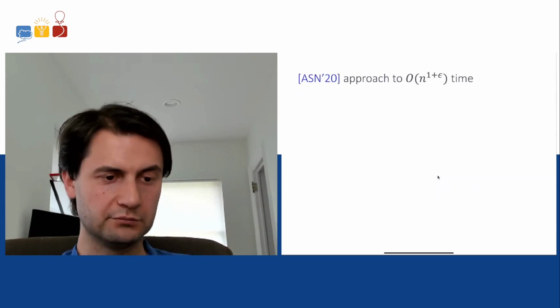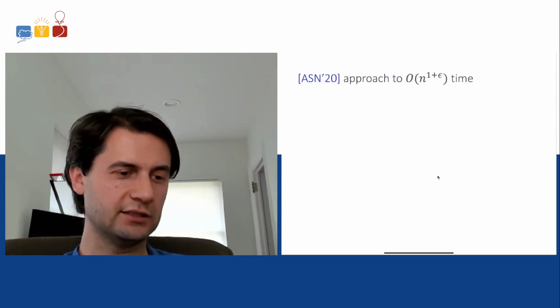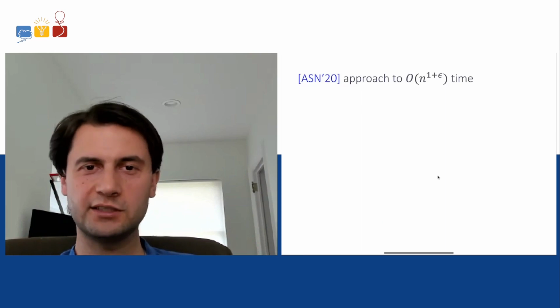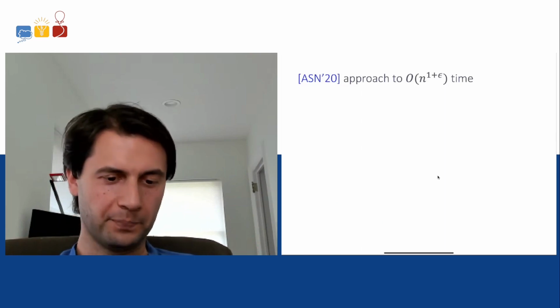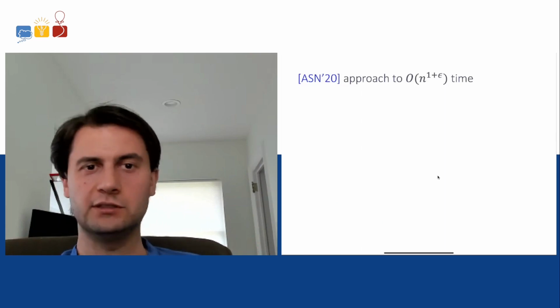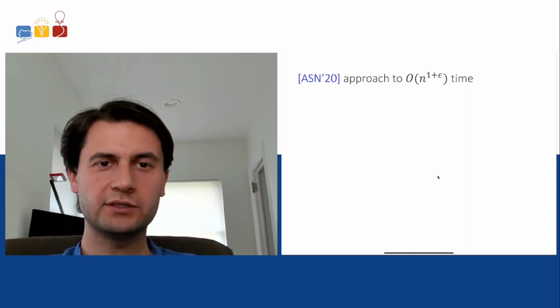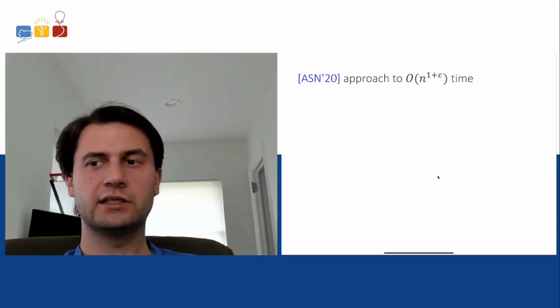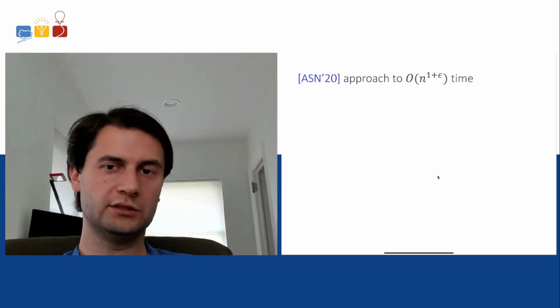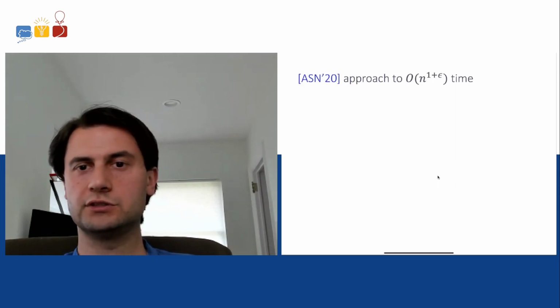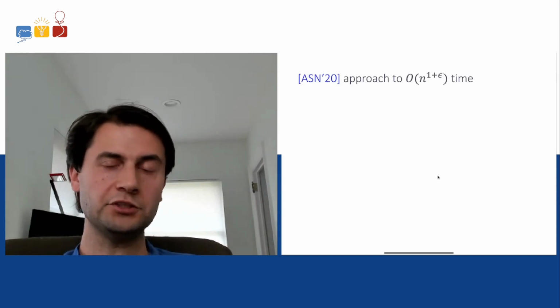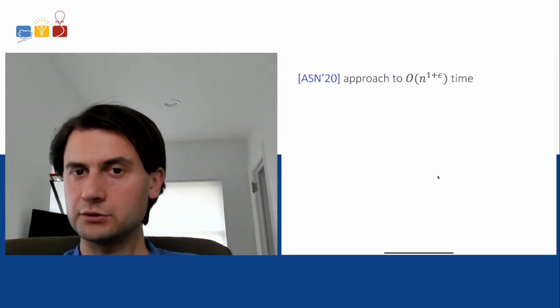So this was, I guess you can think of, the main algorithmic techniques that I wanted to mention. And now coming to the paper with Negev Shekel Nosatzki, where using these ideas and some others, we obtained a runtime of n to 1 plus epsilon for constant approximation, without any additive error.